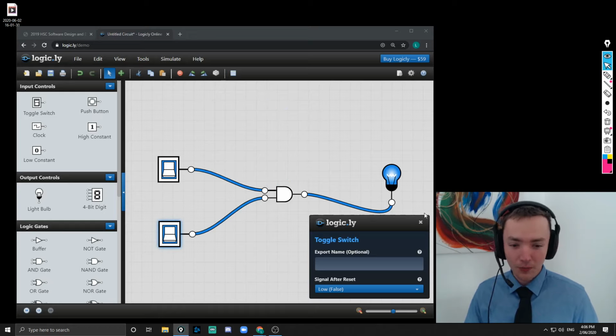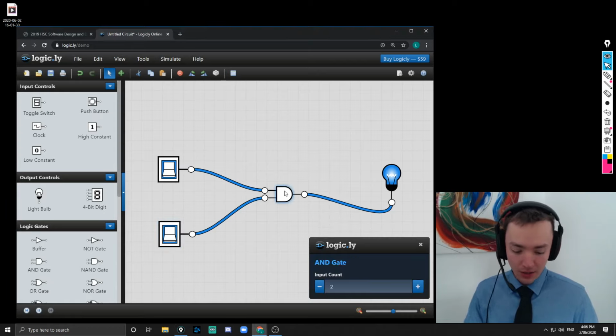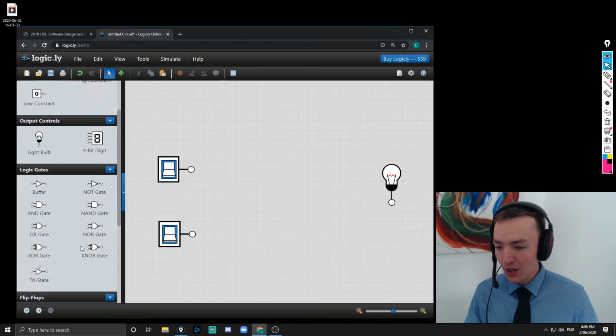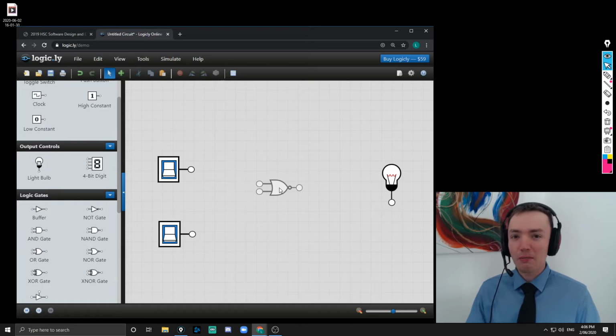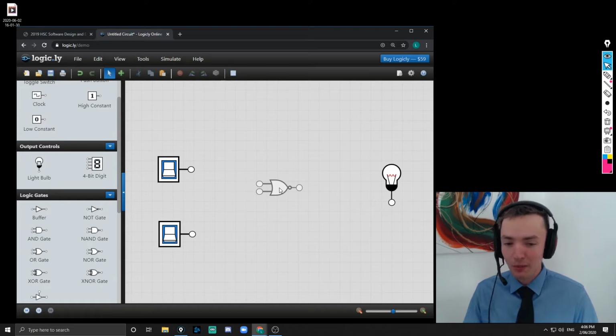I should also mention something later. So that's the AND gate, pretty straightforward. Those are the two basic logic gates, and all the other logic gates are based off those two fundamental ones.